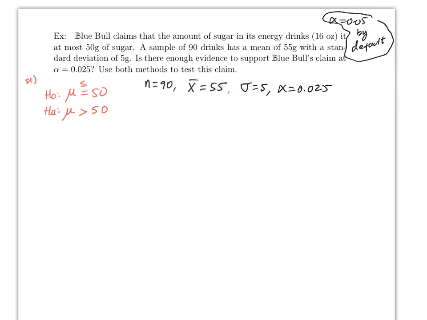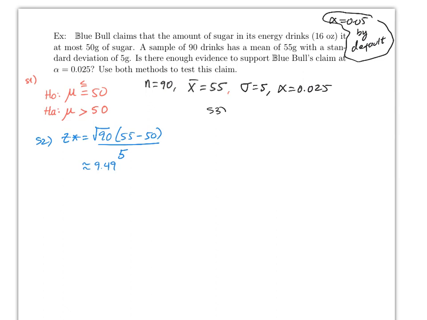All right, so then step 2, to find Z star, which is equal to the square root of 90 times x bar, which is 55, minus 50, everything divided by 5, which is around 9.49.